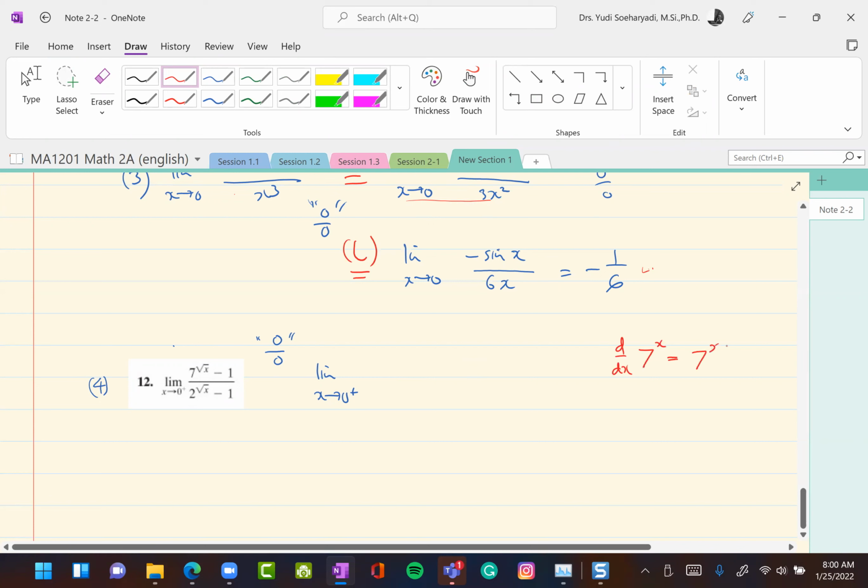Another 7. Sorry, plus. Okay, so times ln of 7, ln of 8, or just this one. The derivative of a to the x is just a to the x ln of a.